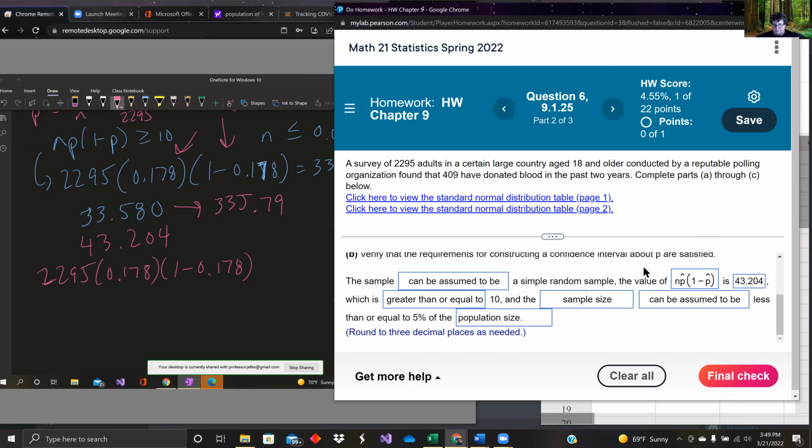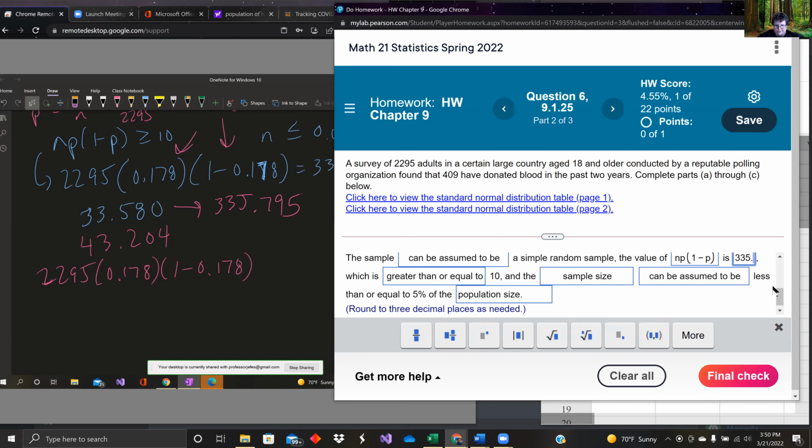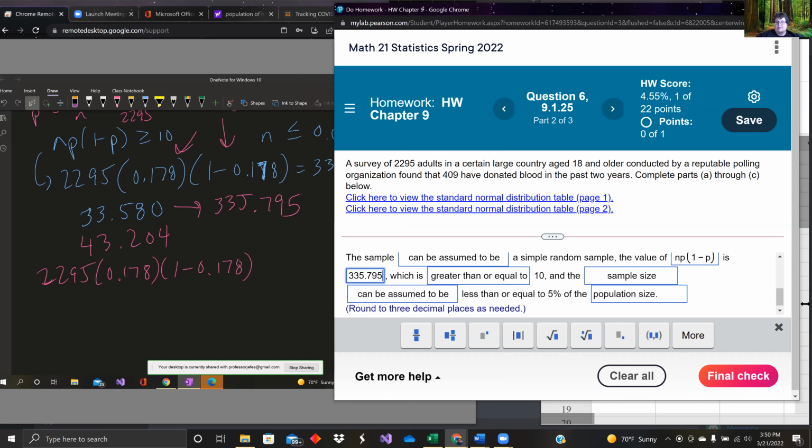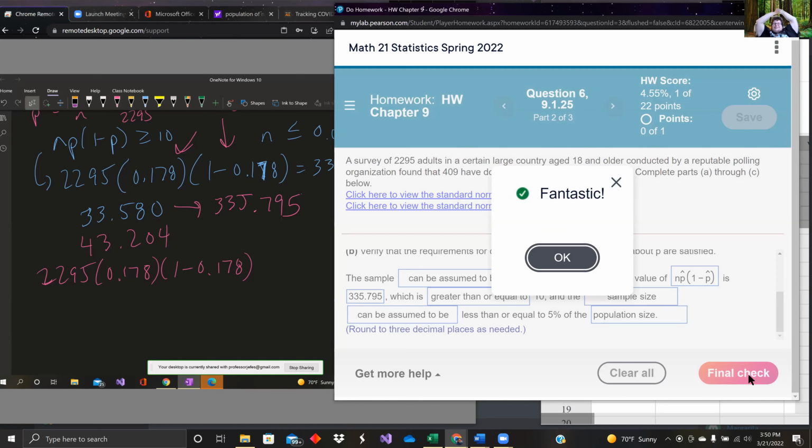Yep, I had the decimal place wrong. I don't know what I was getting with the 42. I got a 43 there. All right, let's try this again. 335.795. I swear, I know what I'm doing. There we go.